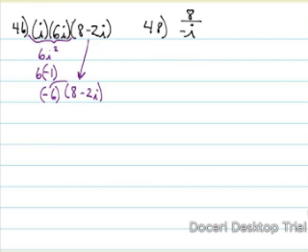Now we need to distribute. Negative 6 times 8 is negative 48. Negative 6 times negative 2i is positive 12i, which is our final answer. So we multiply the first two, distribute what we get into the second part there, and we're good to go.